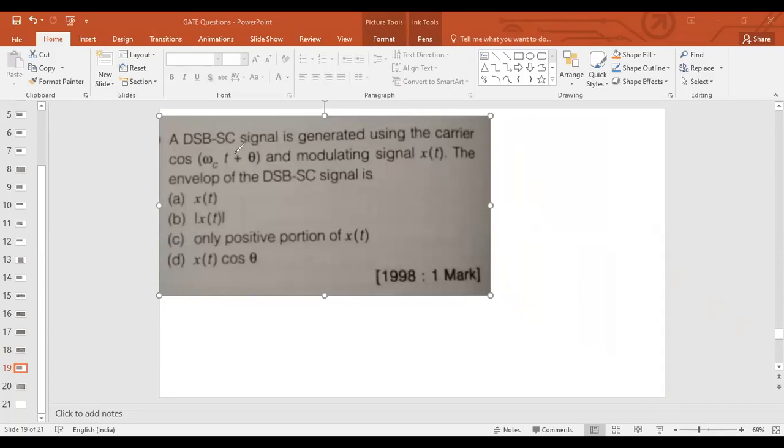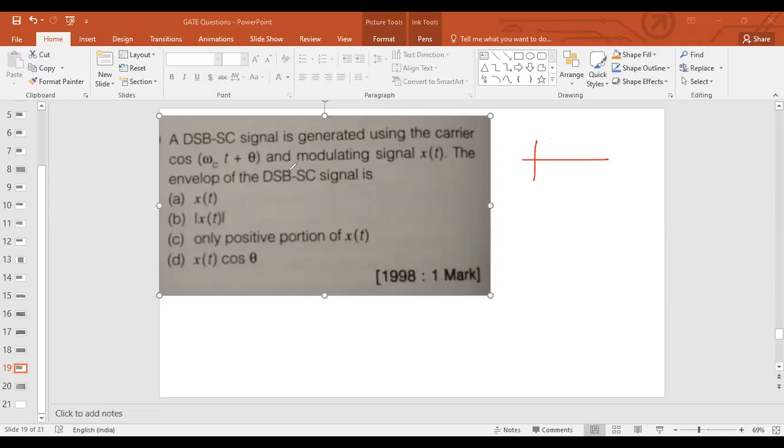So in case of DSBSC signal, what we get? We get the signal in terms of USB and LSB. So in that case, we are getting both the sidebands except the carrier, because it is DSBSC, double sideband suppressed carrier.